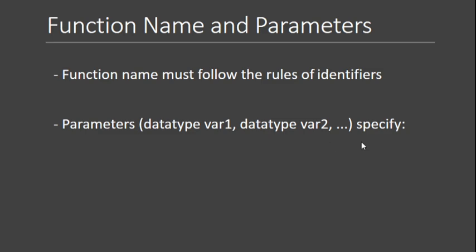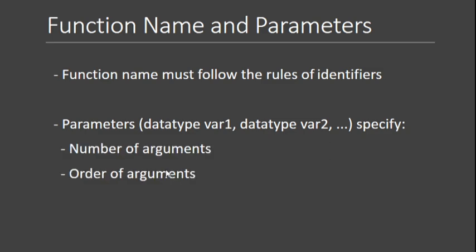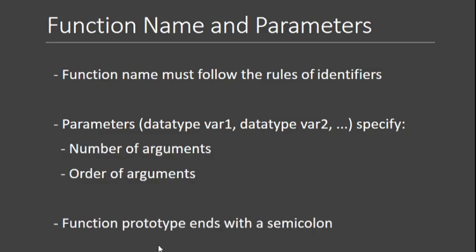Parameters: data type 1, data type 2. You should specify the number of arguments and the order of arguments. The function prototype ends with a semicolon. Here in sum, I'm writing int a comma int b.